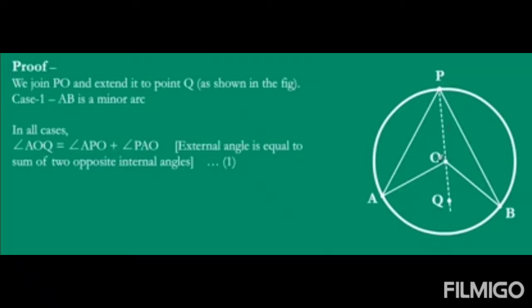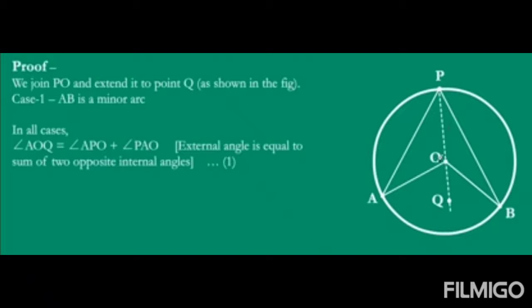Now you can see, if we construct a line joining the center O and the remaining point P, that is PO, and extend it to Q, then by the exterior angle property in triangle AOP, the angle AOQ, which is the exterior angle of the triangle, is equal to the sum of interior opposite angles.